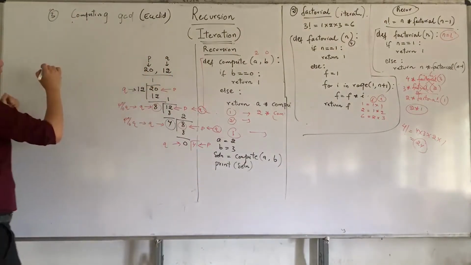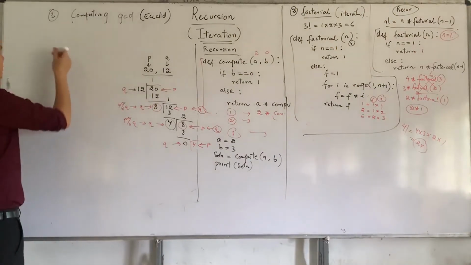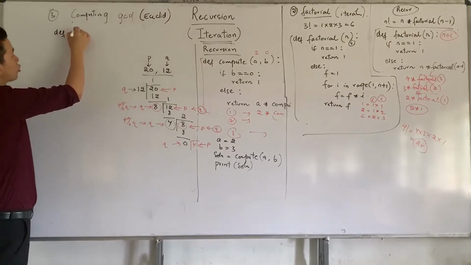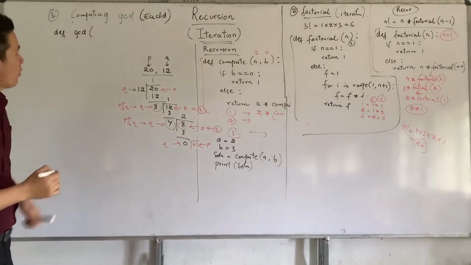I hope you're able to see this. Okay, let's do the program. Definition for the function, let's say GCD, and how many numbers should you have?